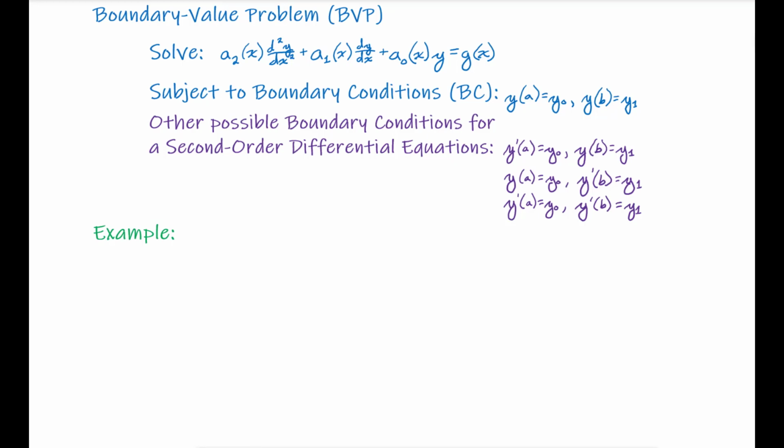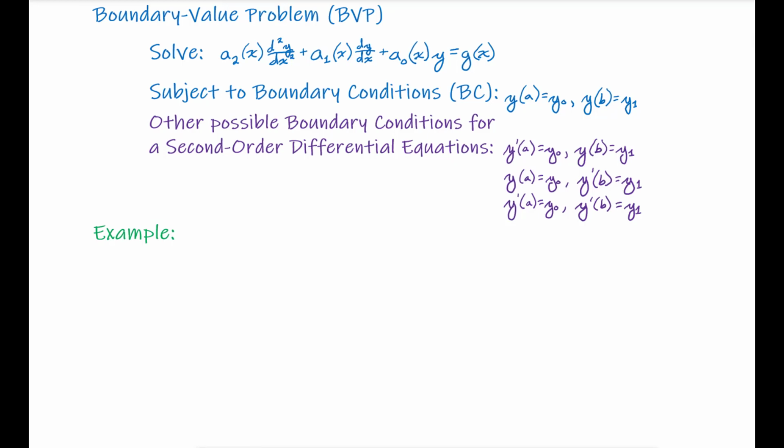And that's why it's considered boundaries of that interval and a boundary value problem. Now, because it's a second order differential equation, these can also come in the form of values of the first derivatives at these points. So we have actually 4 different possibilities of what these boundary conditions could look like.